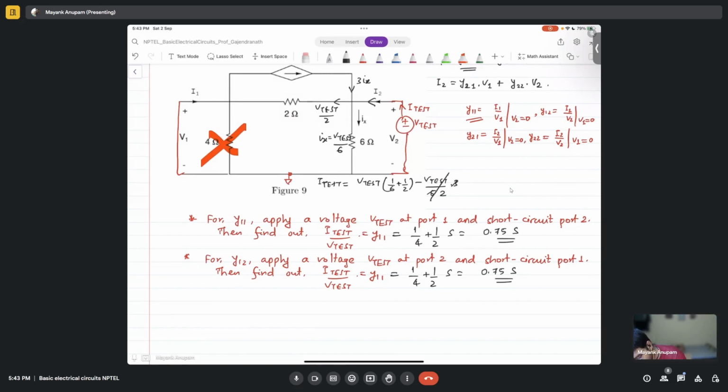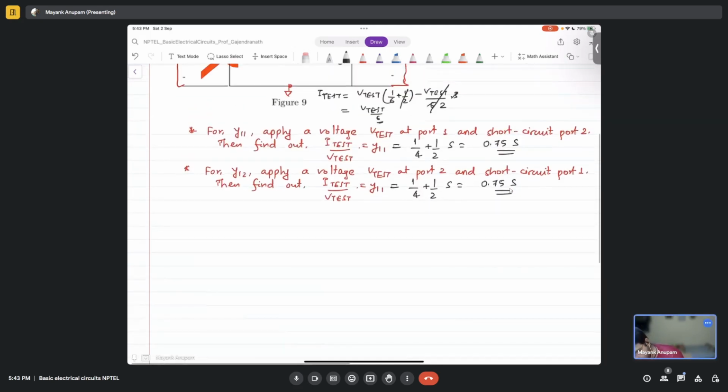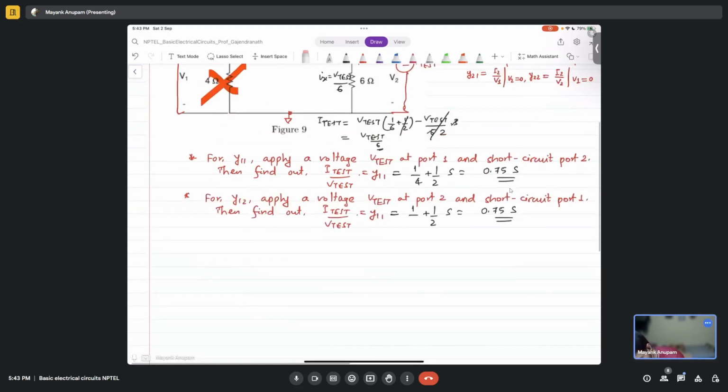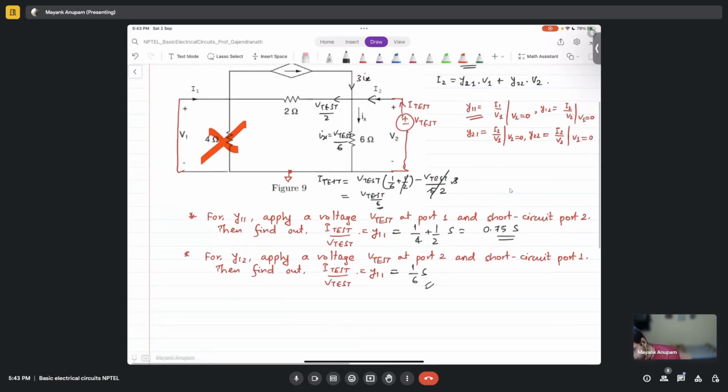So this and this are gone, right? So what is left? V test upon 6. So what is I test upon V test? It is simply equal to 1 over 6, right? Yes, sir. This is also fine.